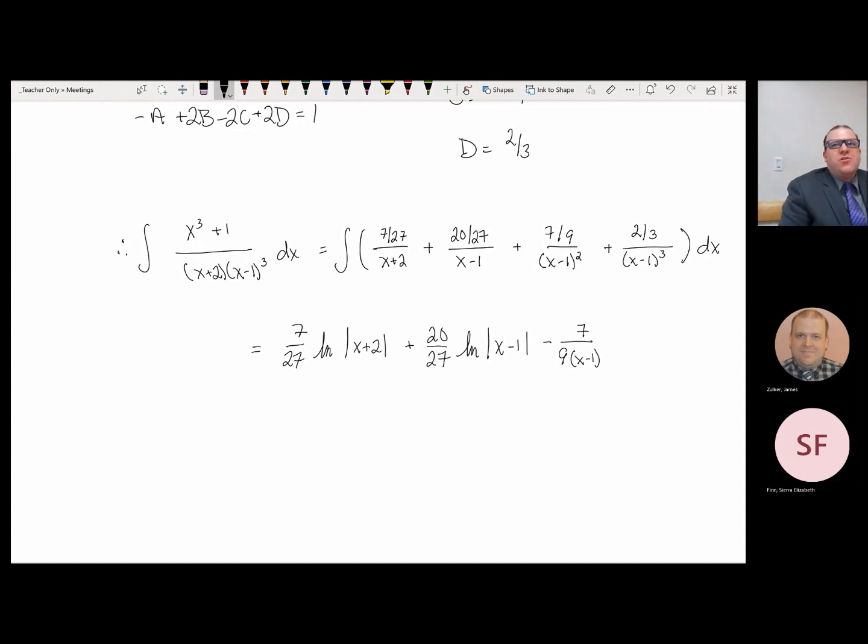So negative 7/9 times 1 over x, or negative 7 over 9 times x minus 1. Ooh, that's nice. An antiderivative of 1 over x minus 1 cubed is negative 1 over 2 times x minus 1 squared. Now multiply that by 2/3 and you have that part. There's our antiderivative.